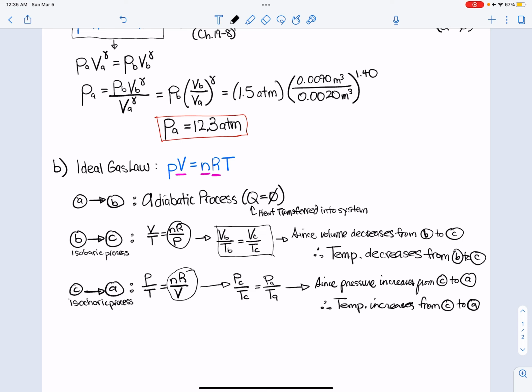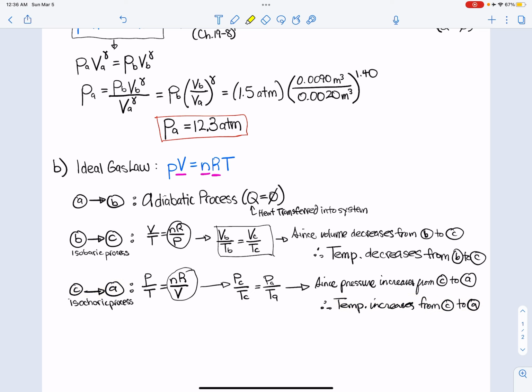Because here we could say, since temperature increases from state C to state A, I know that during this process from state C to state A, heat enters the system, thus temperature increases.